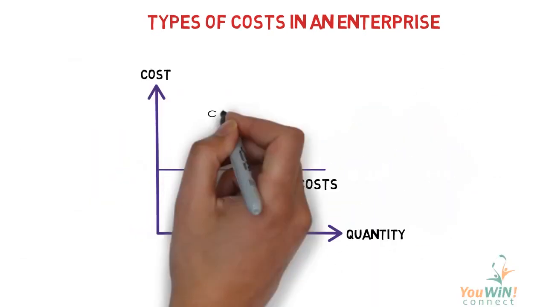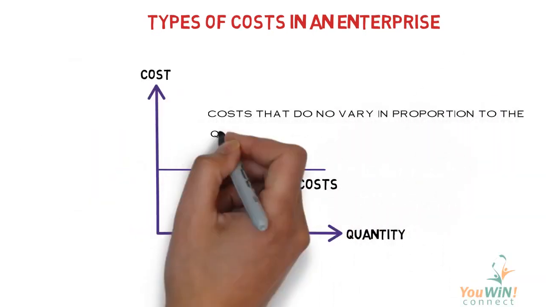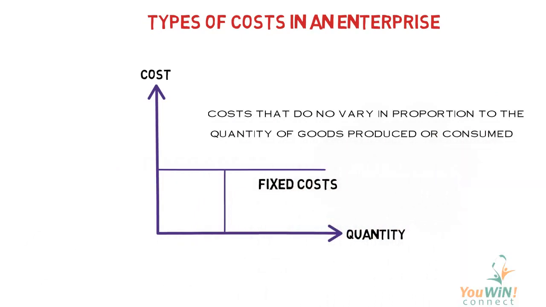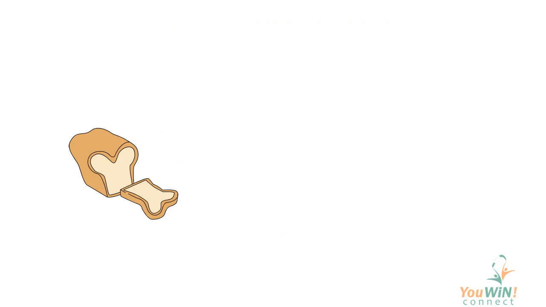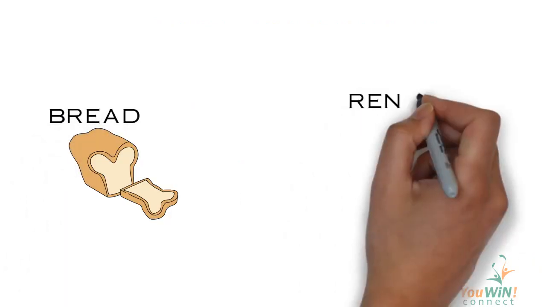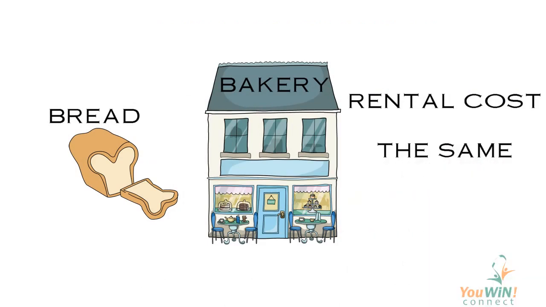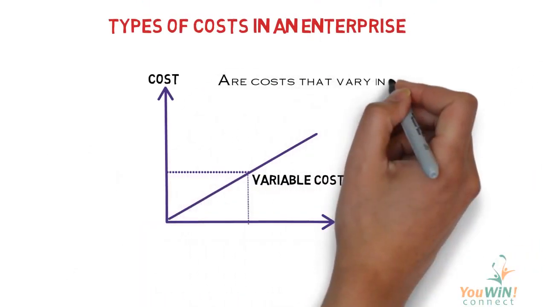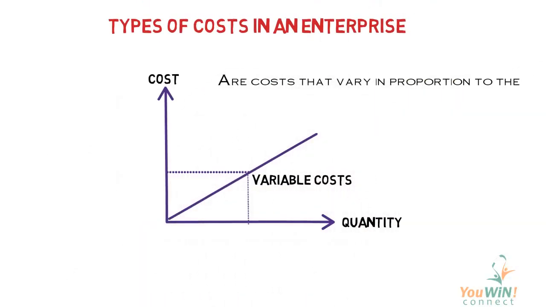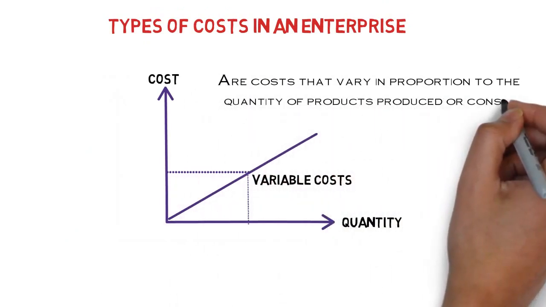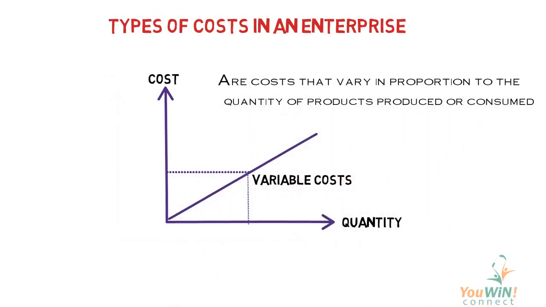Fixed costs are costs that do not vary in proportion to the quantity of goods produced or consumed. For example, irrespective of the number of loaves of bread you bake, the rental cost of the shop or the bakery remains the same, while variable costs are costs that vary in proportion to the quantity of products produced or consumed.